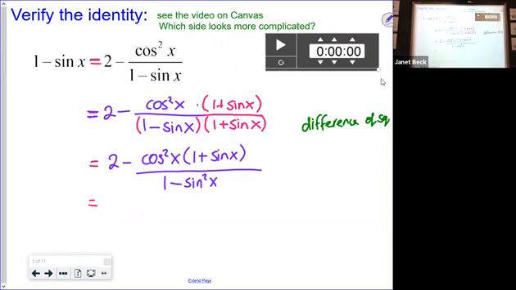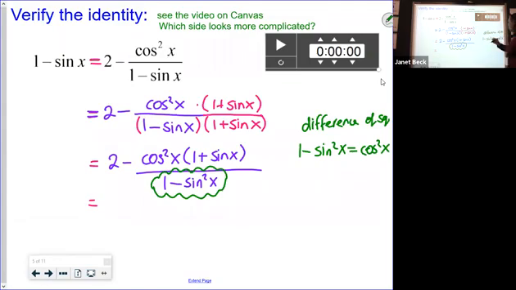Now, if it wasn't there originally and you just bring in difference of squares, look at one of your Pythagorean identities. I hope it's becoming really obvious when you look at something like that: 1 minus sine squared x equals cosine squared x. If you're in the classroom, I'd ask for a show of hands of who can see that.